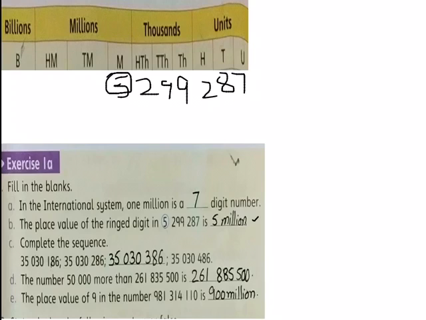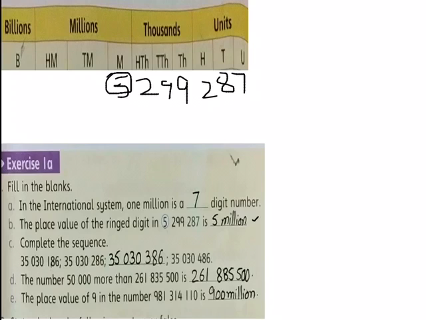Complete the sequence. Part C is 35,030,186 and the next value is 35,030,286, dash, 35,030,486. So students, this is skip counting and we can see there is a difference in the 100 place.